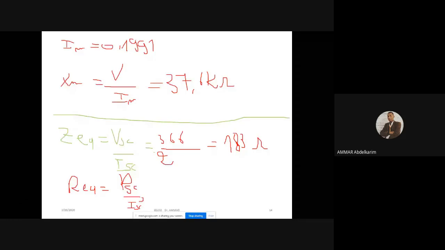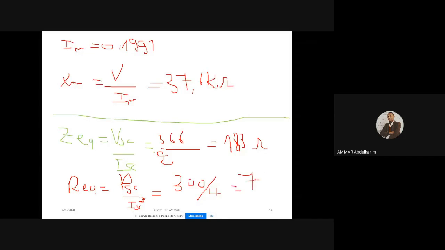P short circuit is 300 over I short circuit, which is 2, so squared it's 4. So it's 75. This is R equivalent.